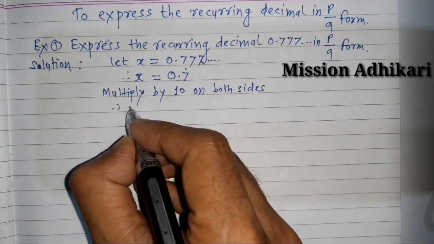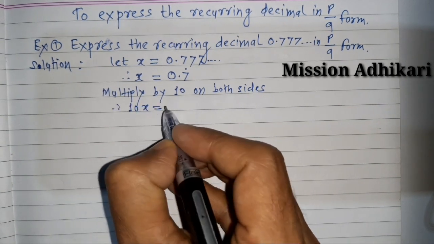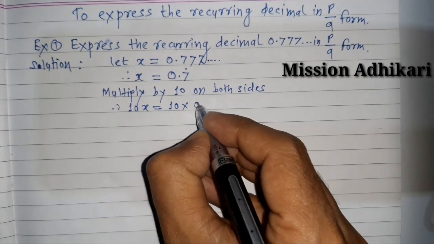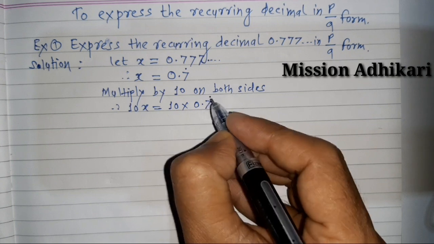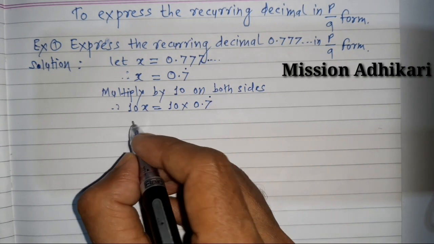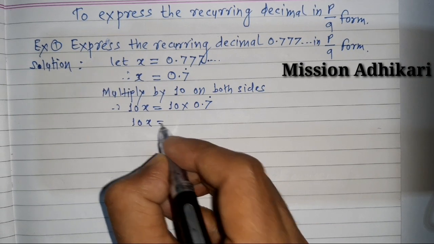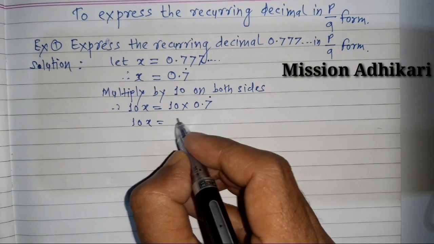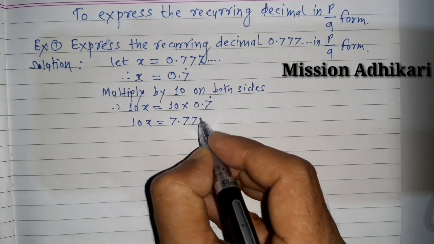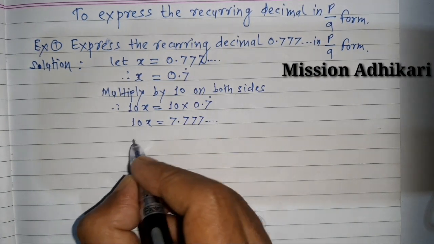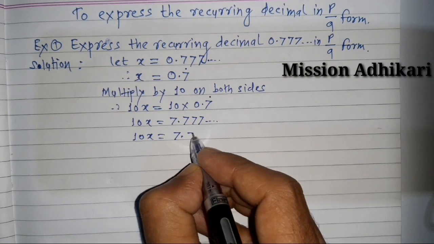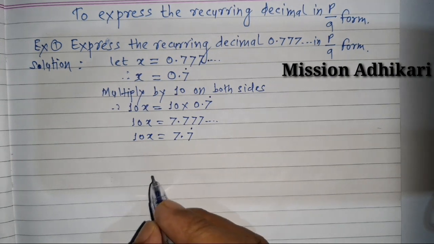We get 10x is equal to 10 multiplied by 0.7 recurring. So 10x is equal to 7.777 and so on, that is 7.7 recurring.